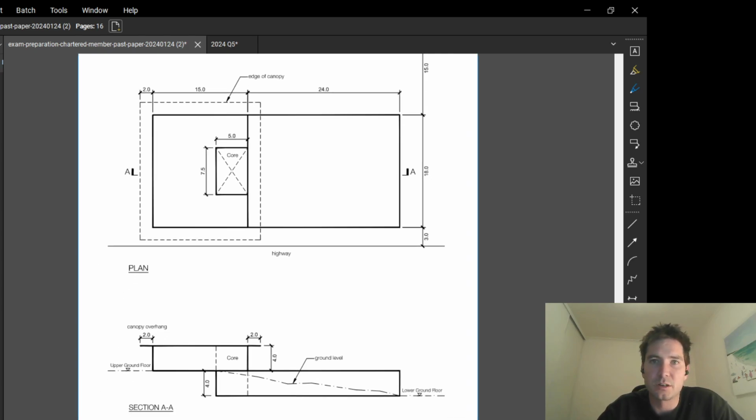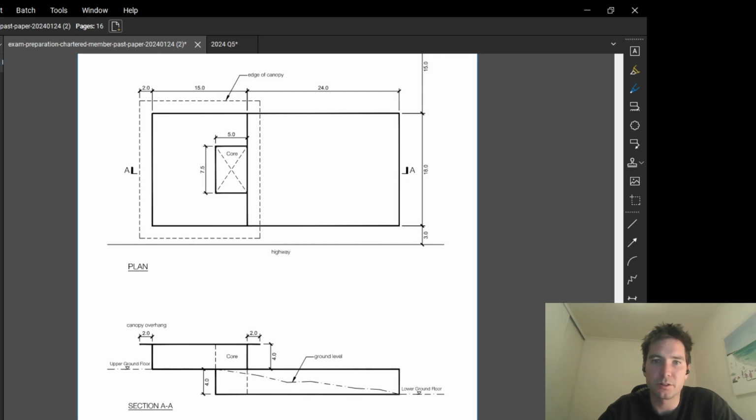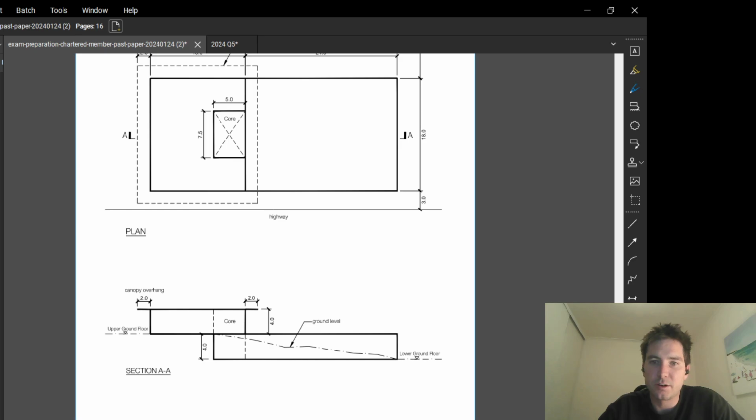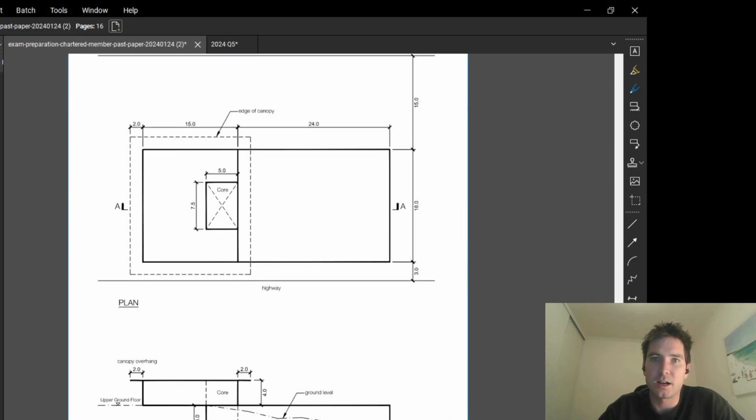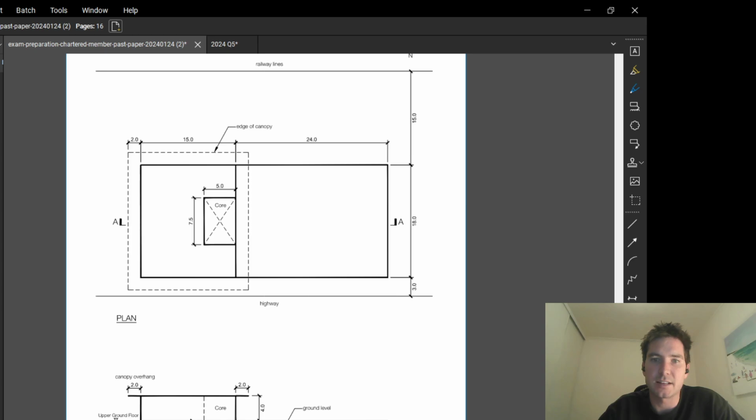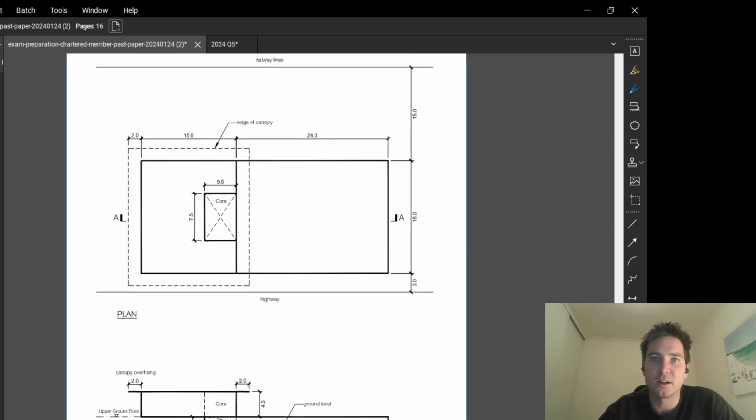Before we go down and read, we can see we've got a canopy for the upper ground with the overhangs. So we're already thinking about cantilevers in our roof framing plan. We've got a core here that we can use for lateral stability. We've got this varying ground profile and some adjacent assets being a highway and a railway line.